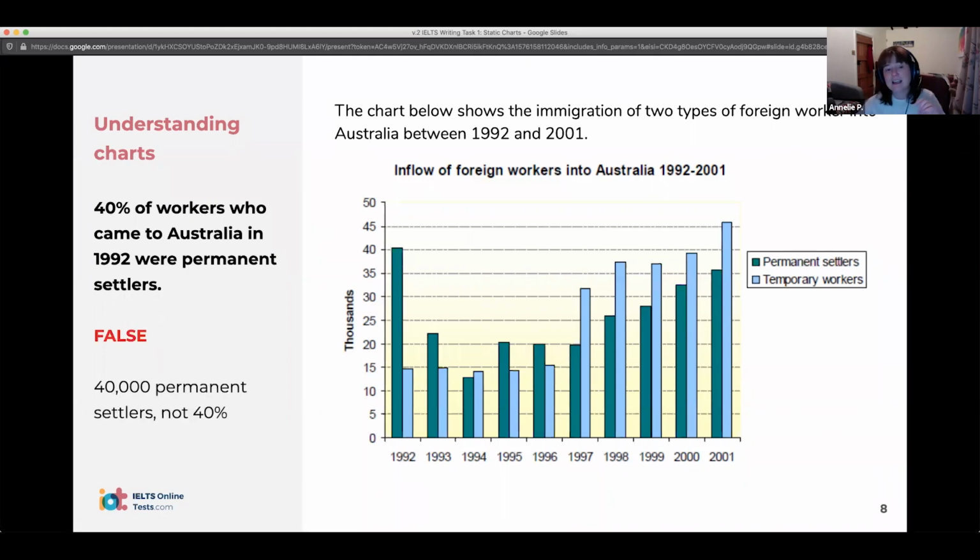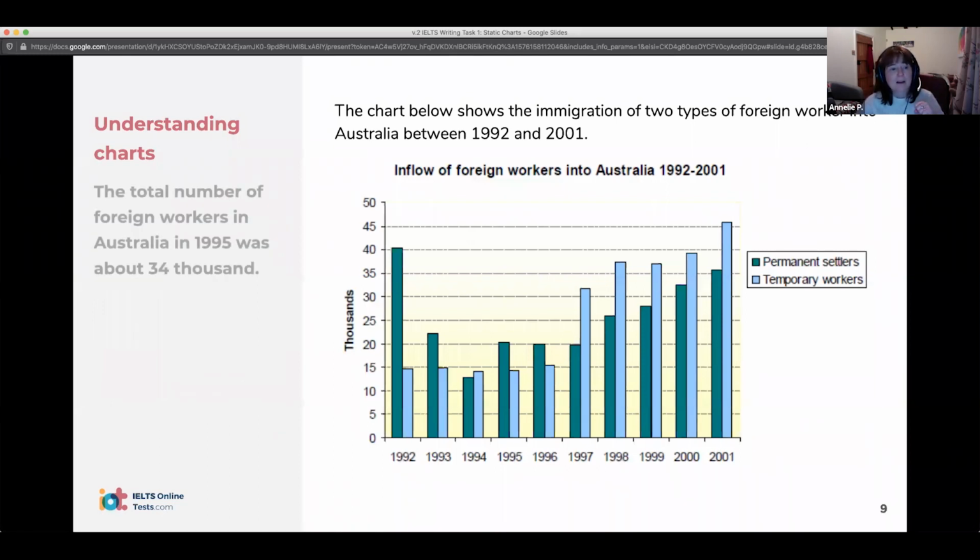It's actually thousands, so it's 40,000 workers. It's not 40%. You may be thinking, well, that's really obvious to look at the axes, but trust me, a lot of people get it wrong and they do make mistakes with the measurements. So do please be careful with that.